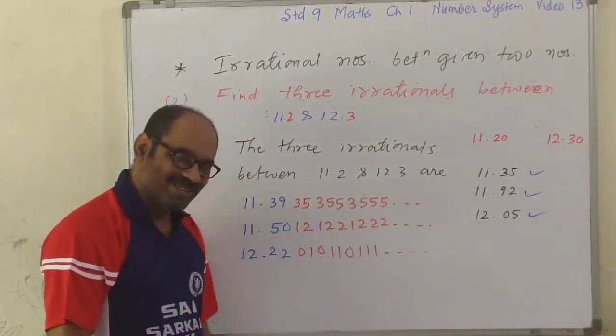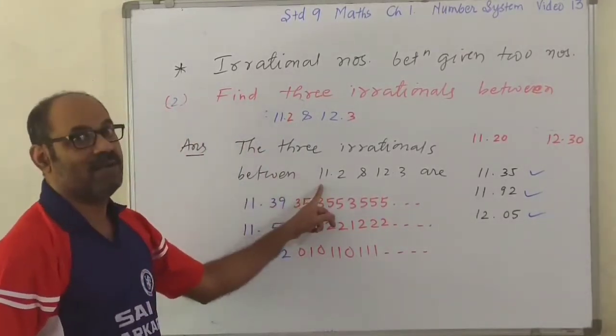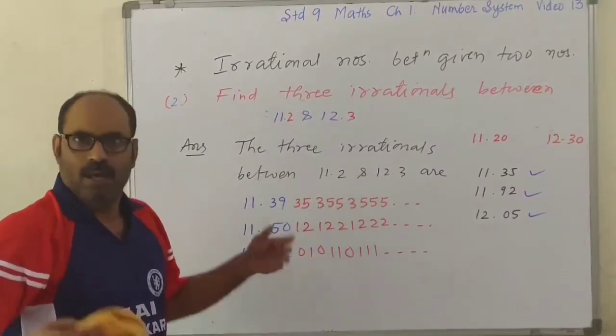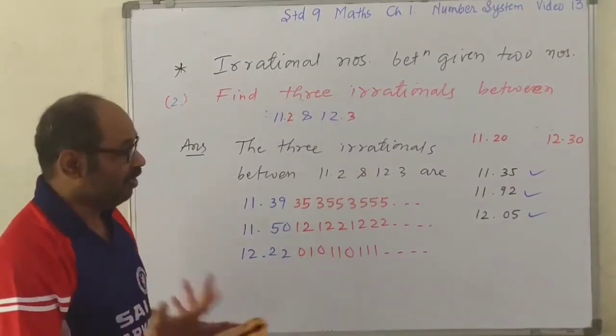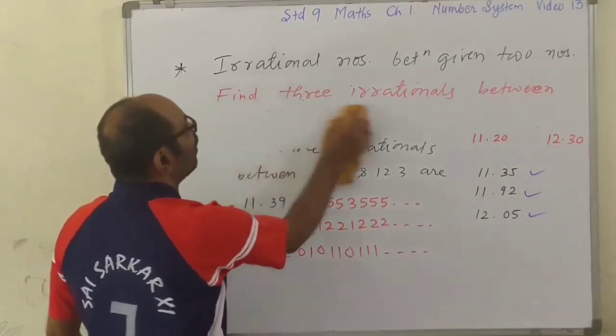I hope you have understood. Correct? So these are three irrational numbers lying between 11.2 and 12.3. Actually speaking, there are infinite. You can choose any three. Okay. Third one.